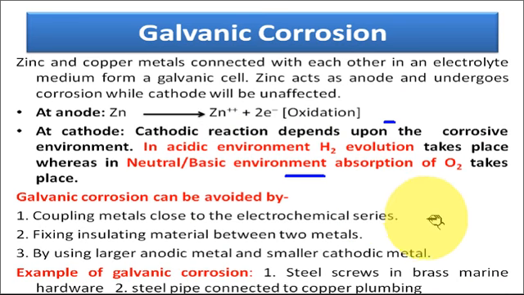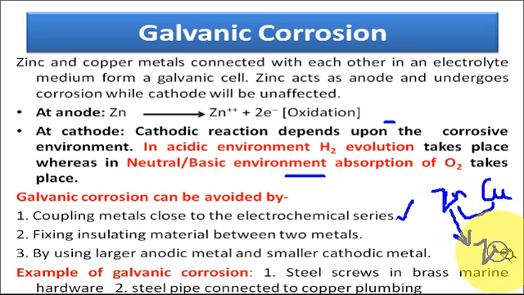First, couple metals that are close in the electrochemical series. What does it mean? Suppose we are taking here the example of zinc and copper. If the difference between these two metals in the electrochemical series is high, then the tendency of zinc to oxidize into zinc plus 2 ion becomes high.